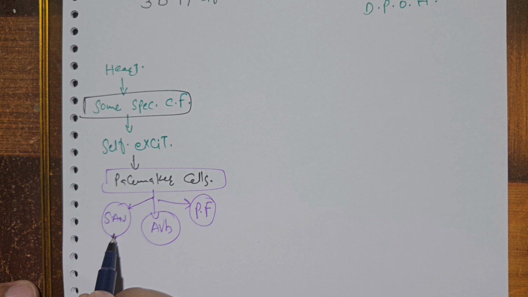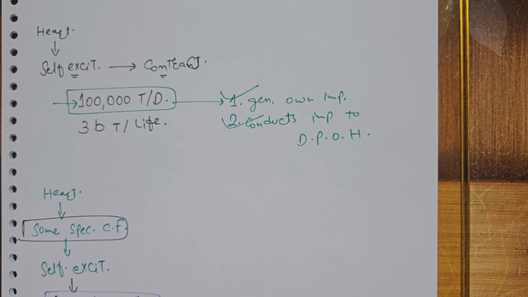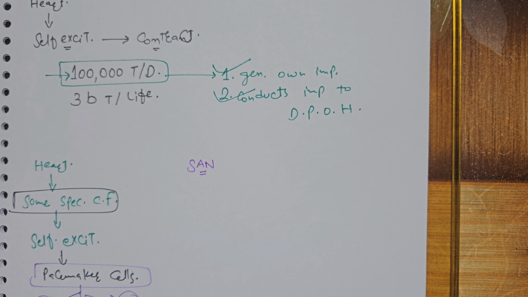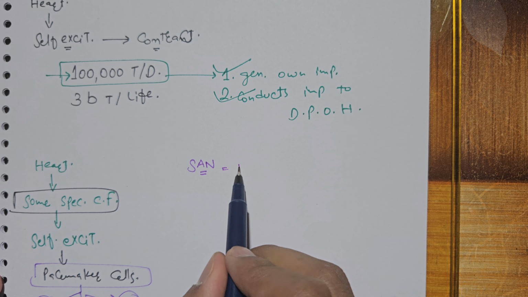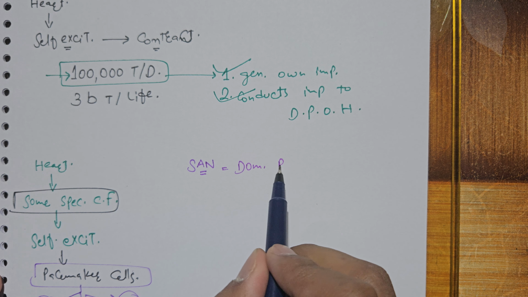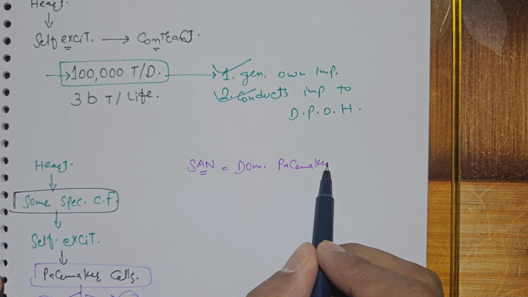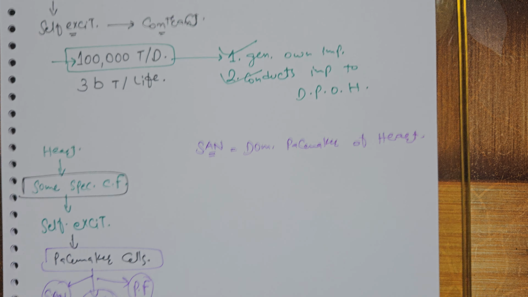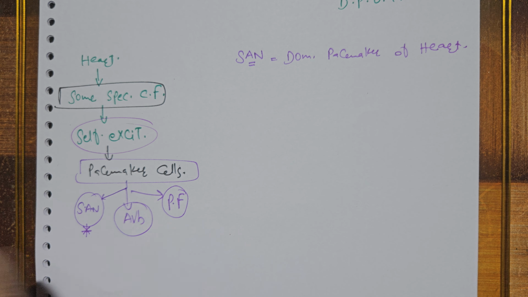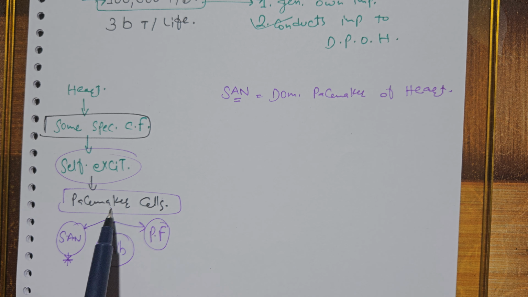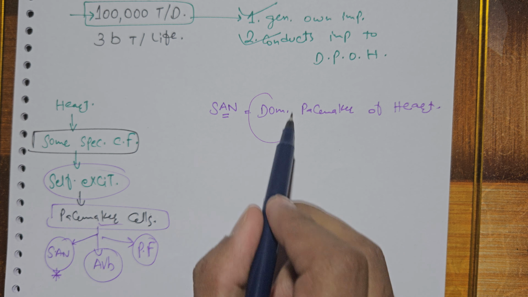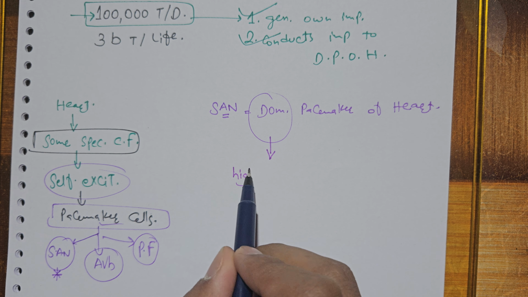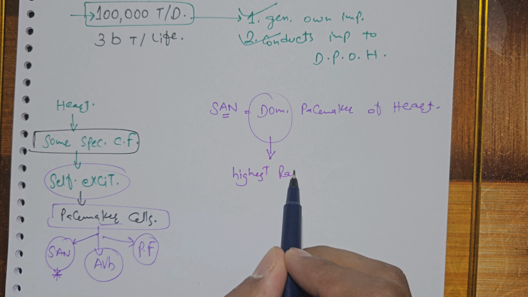Now let's talk about this SA node in detail. This sinoatrial node is called the dominant pacemaker of the heart. Why is it called the pacemaker of the heart? Because it can undergo self-excitation because of the presence of pacemaker cells. But why is it called the dominant pacemaker? Because it has the highest rate of impulse generation.